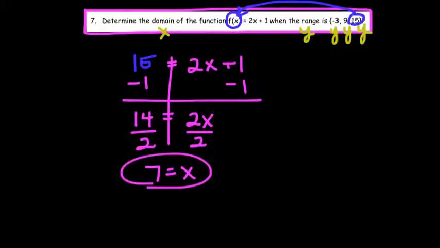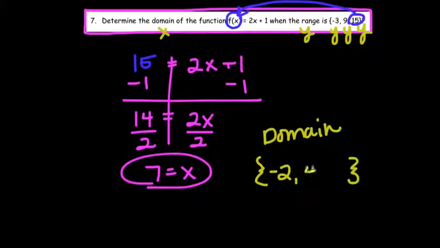So I have 3 solutions for the domain on this one. And again, we write domain from smallest to largest, and we are going to write it in those brackets to show that it's a set. So from smallest to largest, our domain is {-2, 4, 7}. This would be our final answer for the domain on number 7.